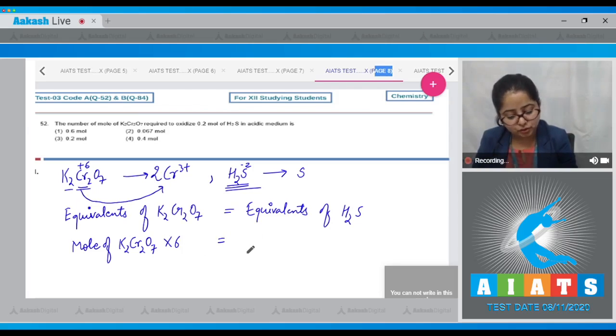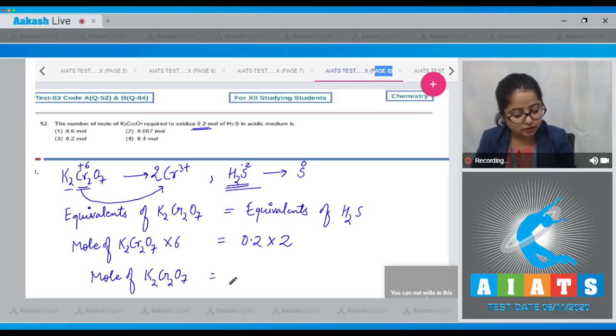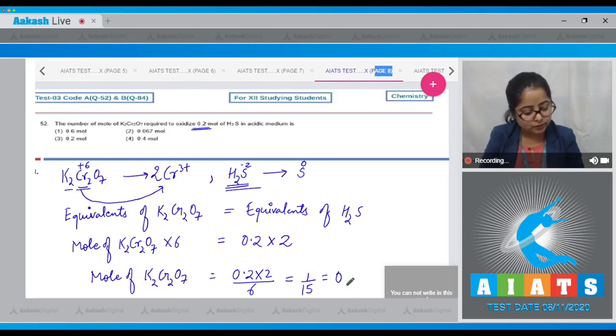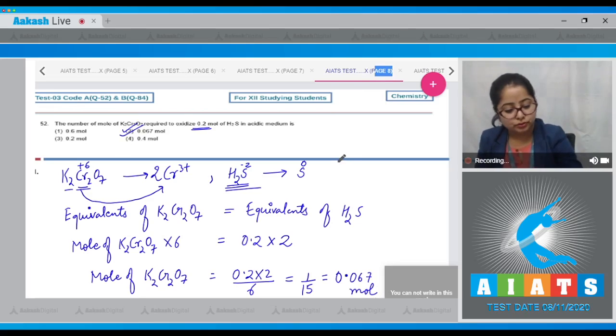Here equivalents of H2S is equal to number of moles of H2S, which is already given, 0.2 multiplied by N factor. N factor here is 2. So student, we can calculate moles of K2Cr2O7, which is equal to 0.2 into 2 upon 6, which is equal to 1 upon 15, ultimately equal to 0.067 mole. That means the correct answer is option number 2.